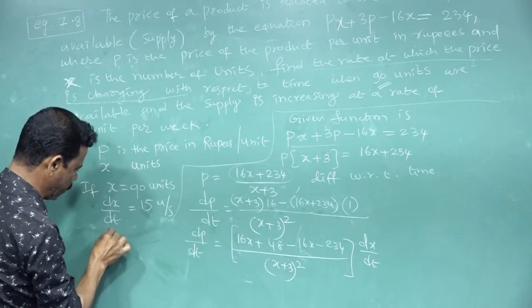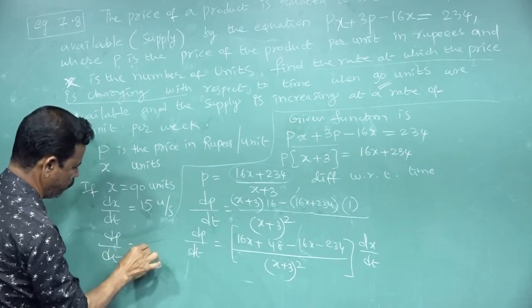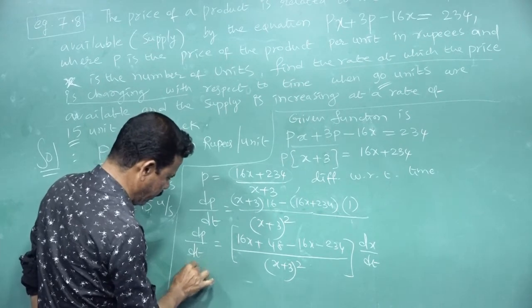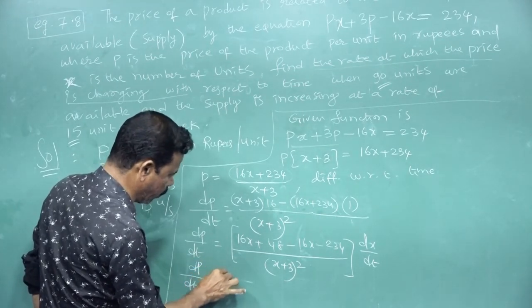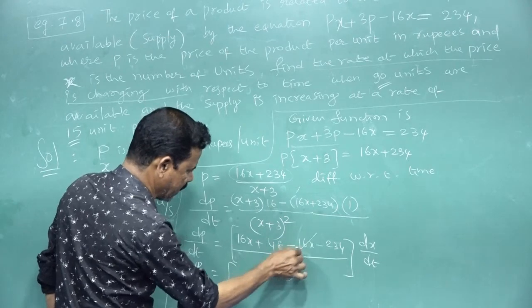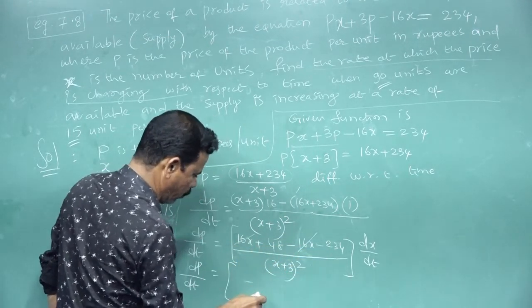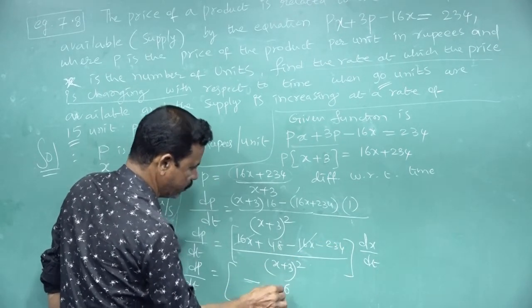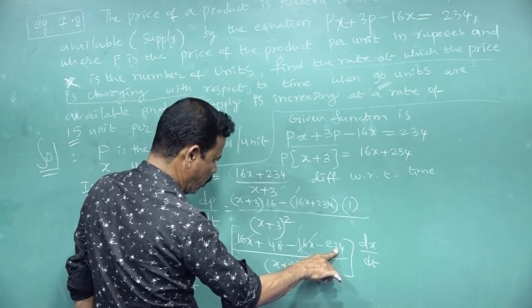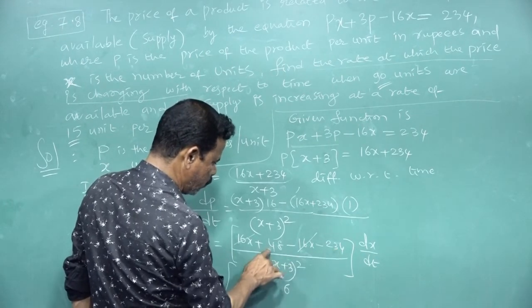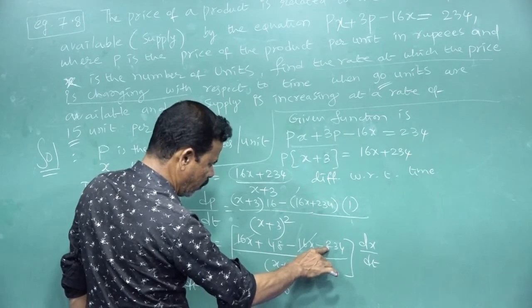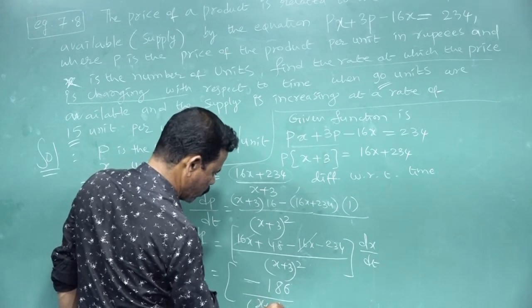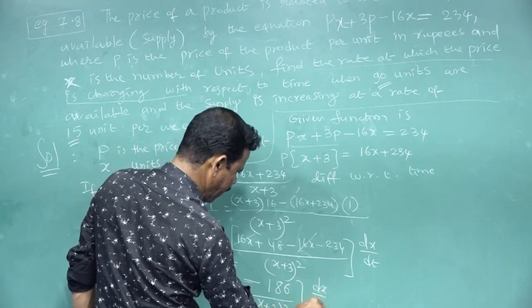Now this calculation: dp by dt is equal to 16x cancelled, 48 minus 234, how much? Minus 186, by (x plus 3) whole square, multiplied by dx by dt.